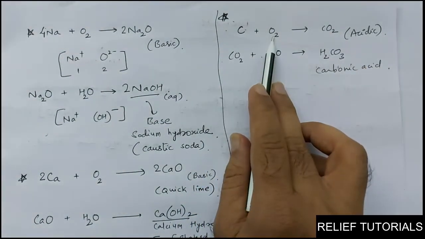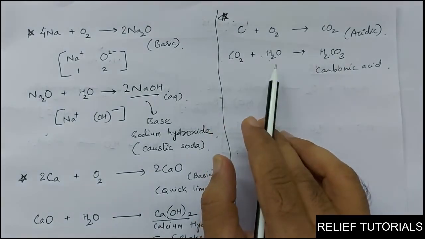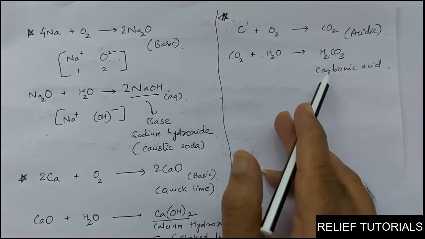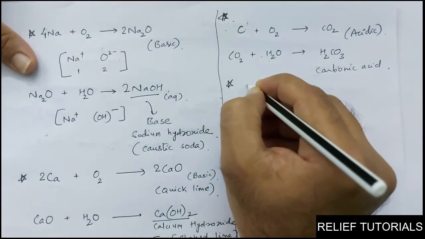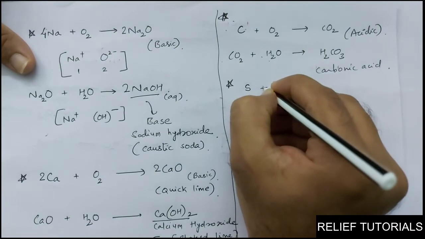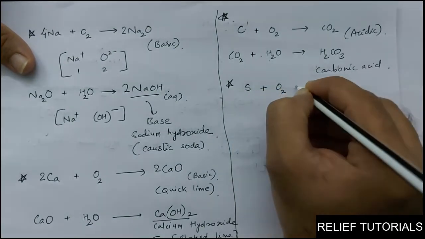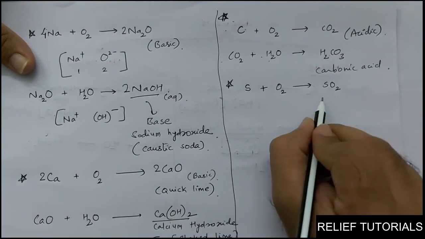A non-metal reacts with oxygen to form a non-metallic oxide. The non-metallic oxide reacts with water, or is dissolved in water, to form an acid. Same way you can do for sulfur. See, a slightly tricky one. Look at this. Sulfur reacts with oxygen to form SO2, sulfur dioxide.